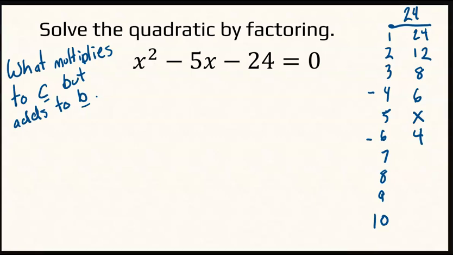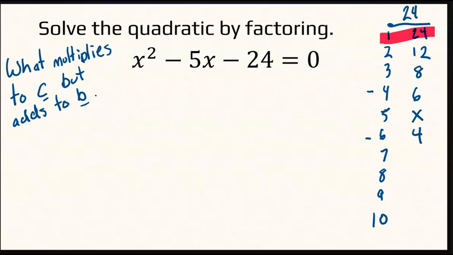Now I'm going to figure out which of my factors will add up to 5 or -5. Well, let's see. 1 plus 24 will not add to 5. That will be 25. 1 minus 24 will be 23.